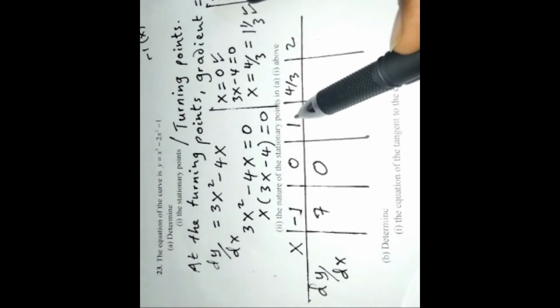So this is going to give us exactly 7. In the next, when x equals 0, the gradient is also 0. That one we know. But now, after this point, at x equals 1, what will be the value of the gradient? We'll have 3 into 1 squared minus 4 into 1. This gives us -1.